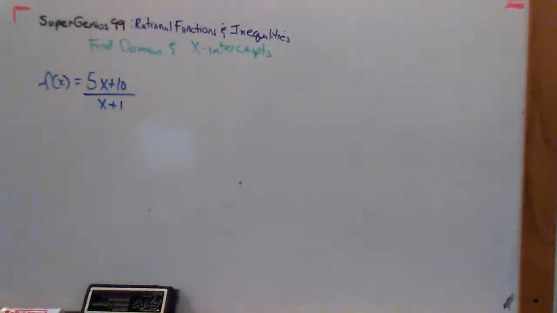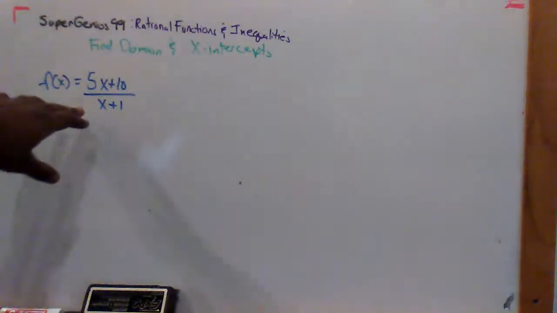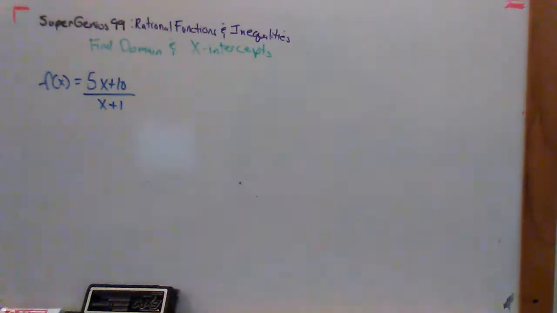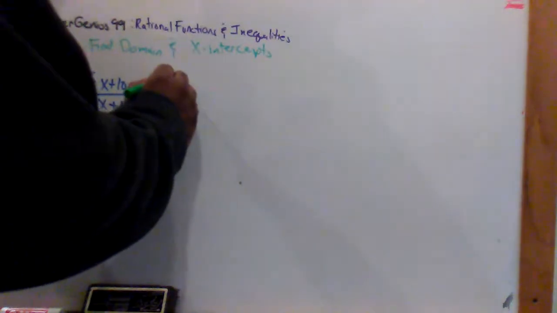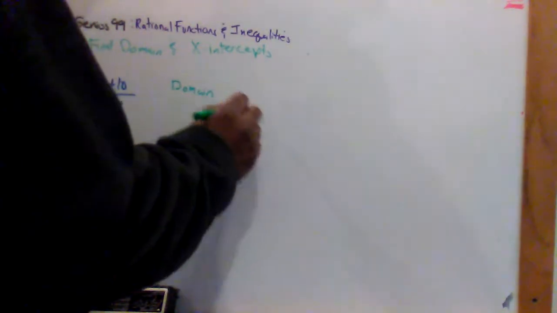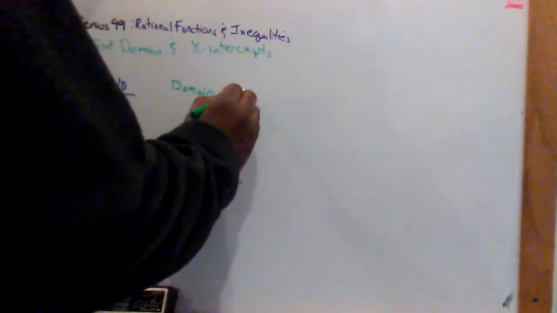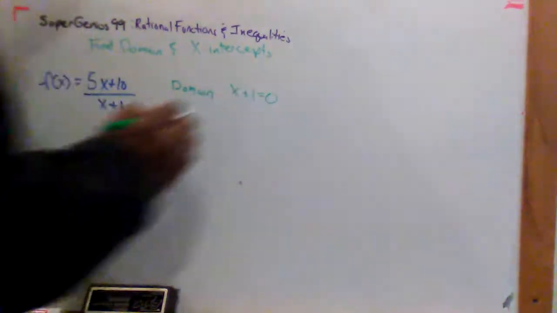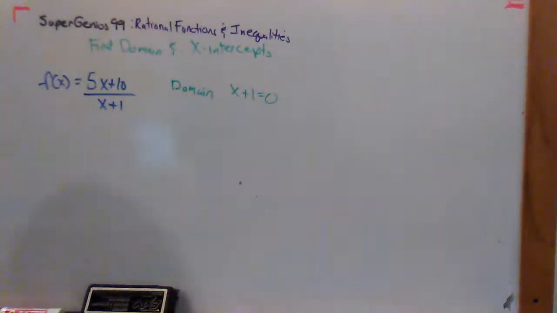Okay, so we have another function on the board, 5x plus 10 over x plus 1. First thing, let's find our domain. In order to find your domain, you take the denominator and set it equal to 0, and then solve for x.